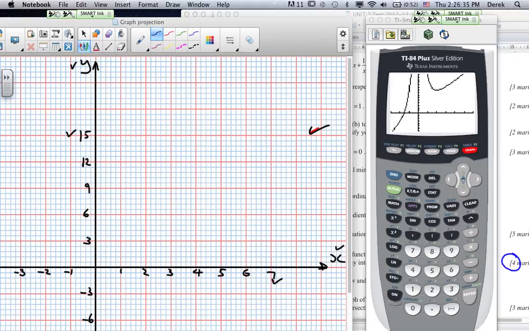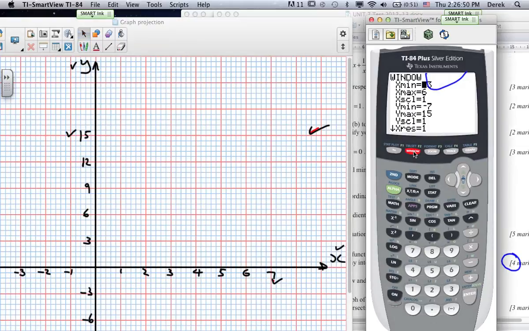Now the next thing is that we're going to actually plot up the graph, and I'm going to firstly start with this section over here, because there are no x and y intercepts on that. Notice I've set up my window to correspond to what they wanted, from -3 to 6 and from -7 to 15. And I can go to my table.